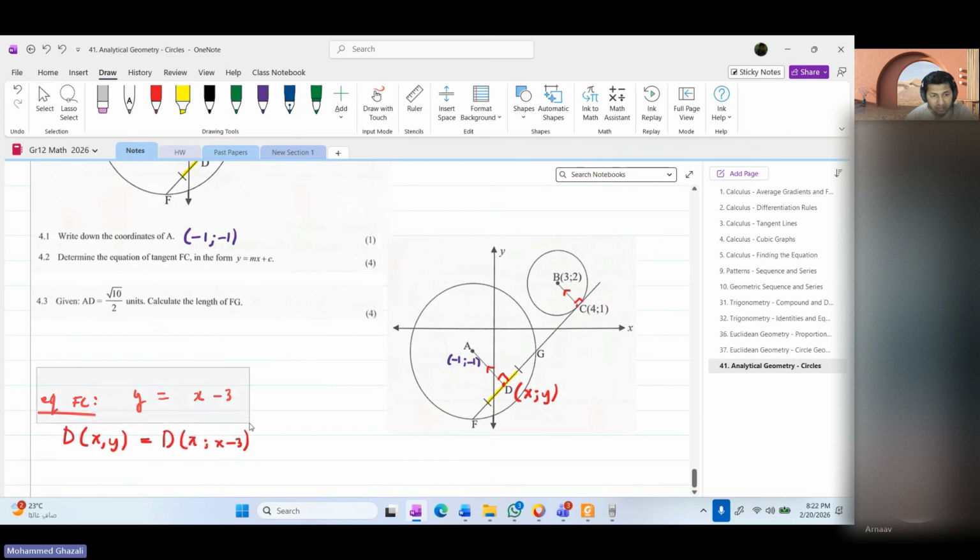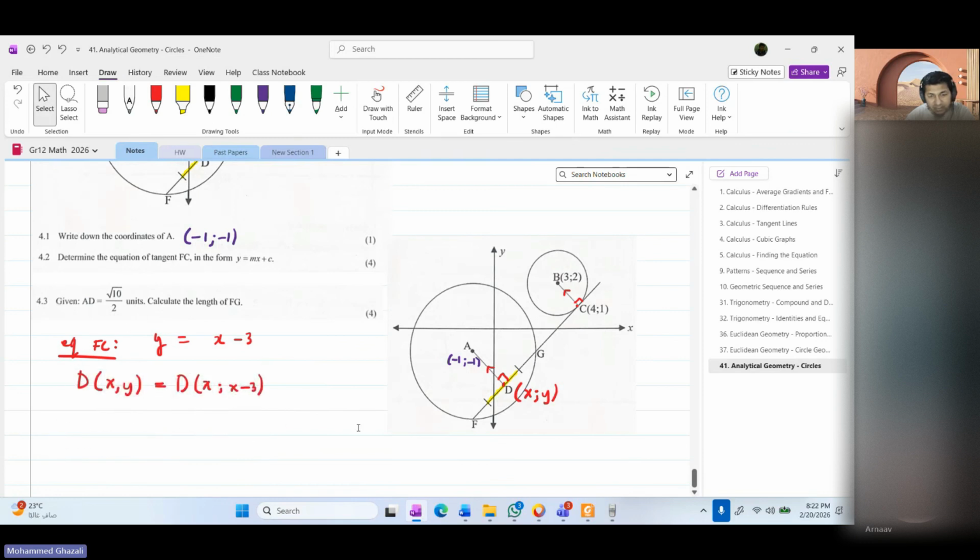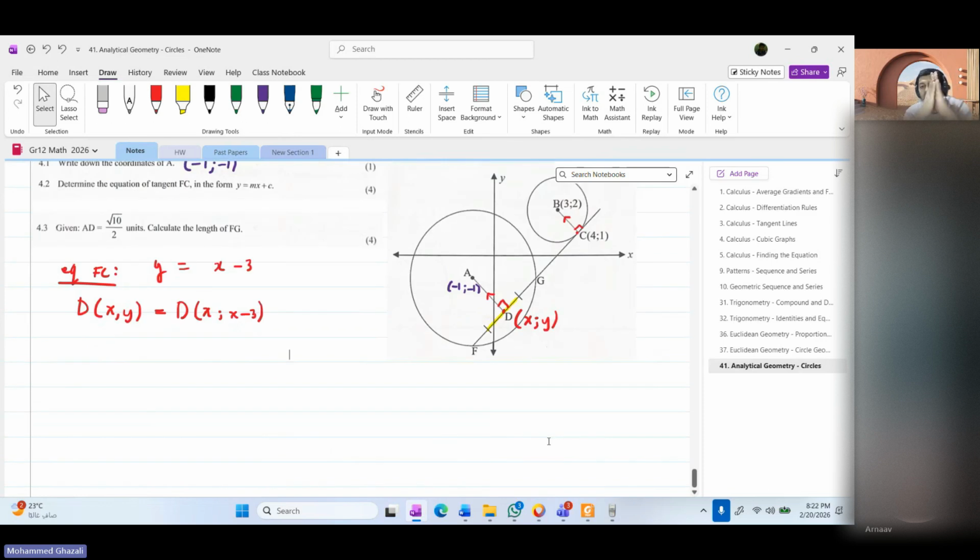So that's the build up so far. Now it's easy because you're just finding the distance. What is AD? How will you find AD in general, not given this information? You will basically use the distance formula. I will find AD by saying AD is equal to the square root of y2 minus y1 all squared plus x2 minus x1 all squared.